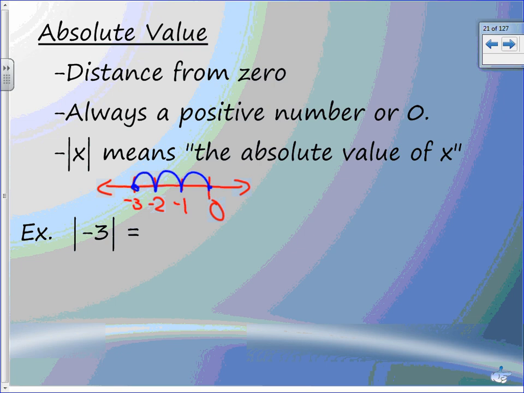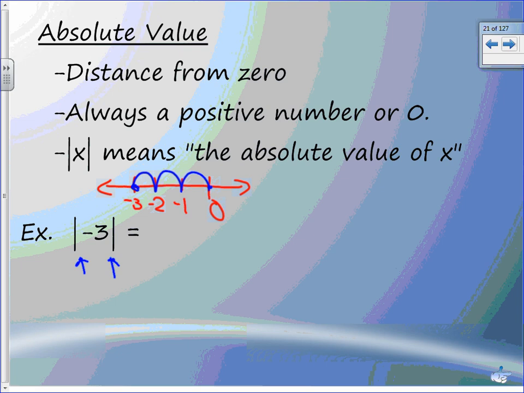Literally, it's the distance from 0. When you get up in math, this symbol, these two vertical lines, ends up meaning distance or value in so many other ways. But around a number, it just means distance from 0.